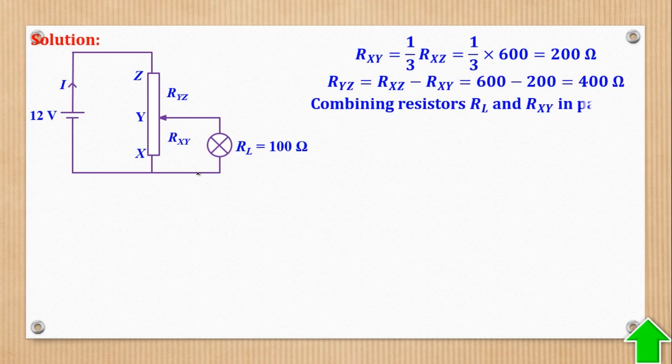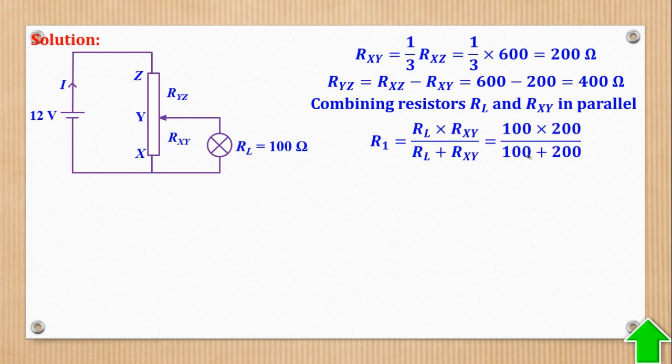Now that we know the resistances, we can now get the total. So combining this resistance and this resistance, which is in parallel, we shall use the special case of product over sum, to give you this as the resistance of these two in combination. Now when you combine these two, it becomes in series with this. Therefore the total can be got.